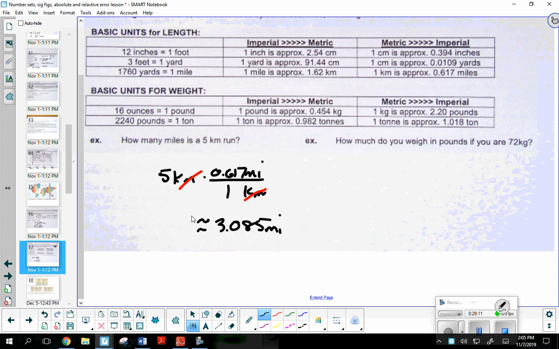All right, so Jaylee, I need you to convert 72 kilograms to pounds. Oh, yeah, go. And Maddie, same thing. Okay, so 72 kilograms.